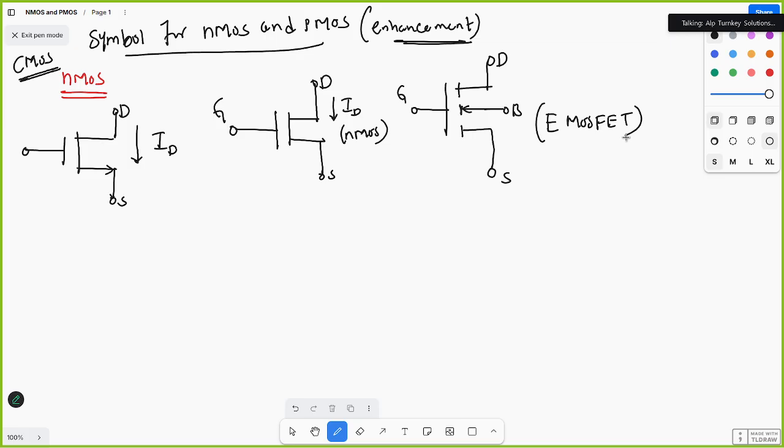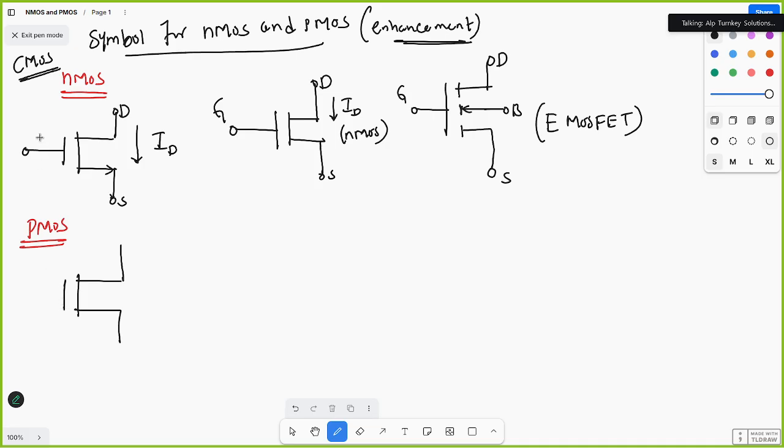Is this fine with symbols? Any doubt in NMOS? No, sir. Next, PMOS. If you see the symbol for PMOS, the first symbol shows the current direction.